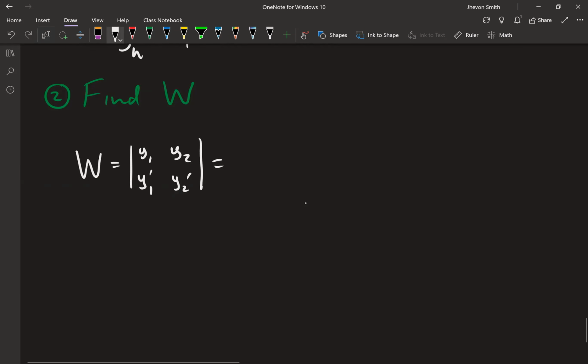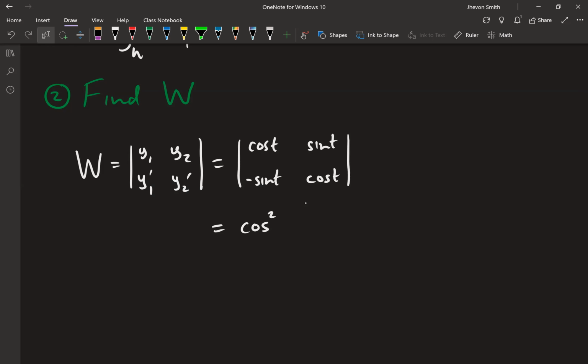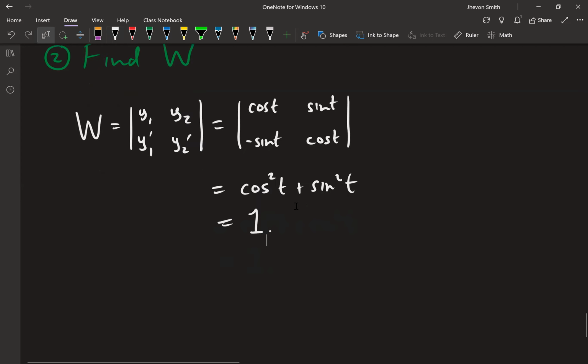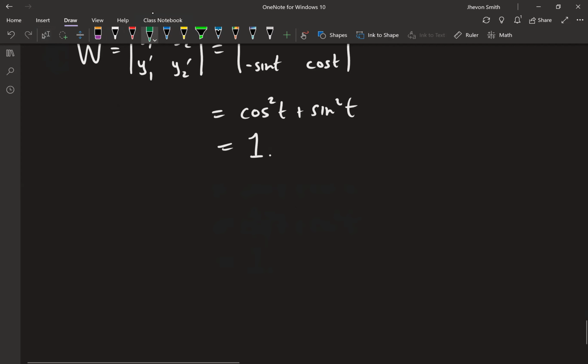So the Wronskian is going to be, in this case, cosine, sine. The derivative of cosine is minus sine. Derivative of sine is positive cosine. So the Wronskian is going to be cosine squared plus sine squared. So the Wronskian is just 1. Okay, that's awesome.